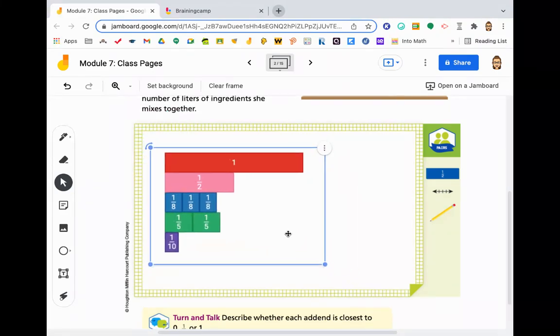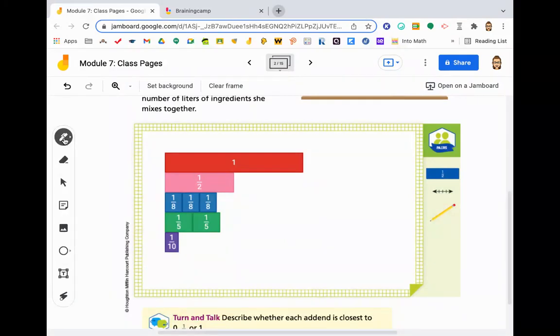Okay, so now we have that picture there. We can look. Is 3/8 closer to 0, 1/2, or 1? Well, I'd say it's closest to 1/2. Is 2/5 closest to 0, 1/2, or 1?